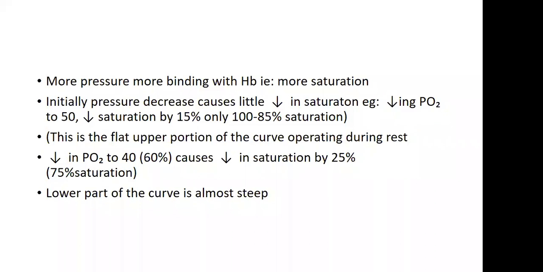And there is much dissociation at the exercise level. We find this thing. When we are exercising, the muscles use more oxygen, produce more carbon dioxide, produce more temperature, and so on.